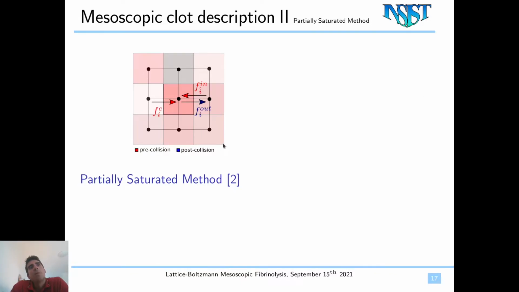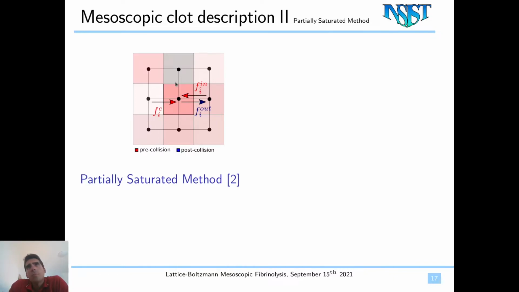which consists in the following. Imagine that here we have several voxels of the thrombus that we want to simulate that might be heterogeneous. What we do in lattice Boltzmann usually is to compute the movement of fluid packets that go from one node of the lattice of the domain to another and then collide with each other.